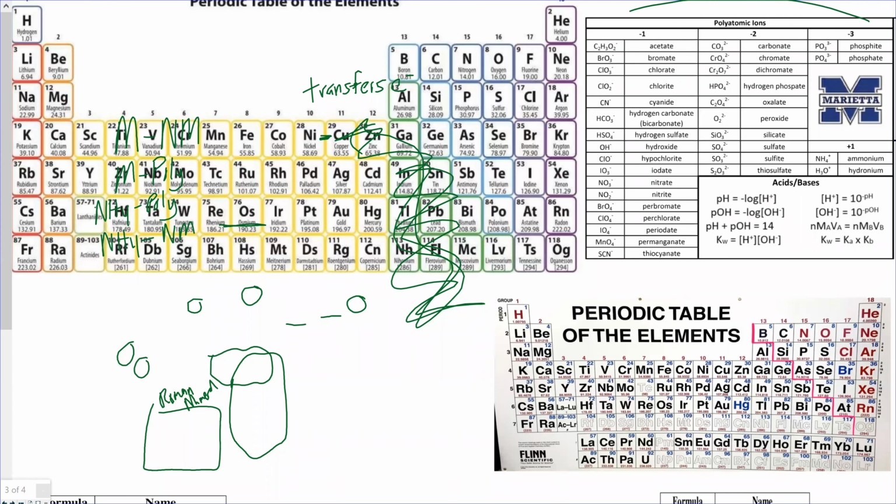Remember, these are all your polyatomics. So you've got acetate, bromate, chlorate, nitrate, perbromate, perchlorate, sulfate, silicate, phosphate, or they end in ite: hypochlorite, sulfite, phosphite. The only ones that don't end in ite or ate are cyanide, peroxide, and hydroxide.